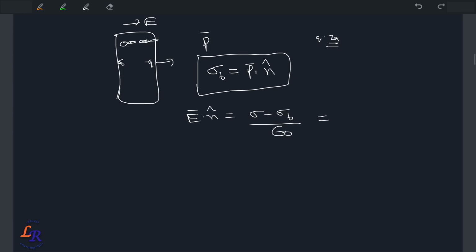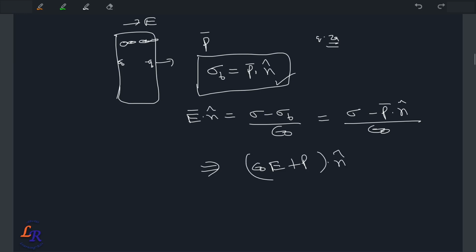So here you can write sigma b is equal to sigma minus P dot n cap upon epsilon 0. You just solve it and rearrange it slightly, then you will get epsilon 0 E plus P dot n cap is equal to sigma, right? It would mean that you can replace this value as D, right? So you can write D dot n cap is equal to sigma, where this D is called electric displacement.